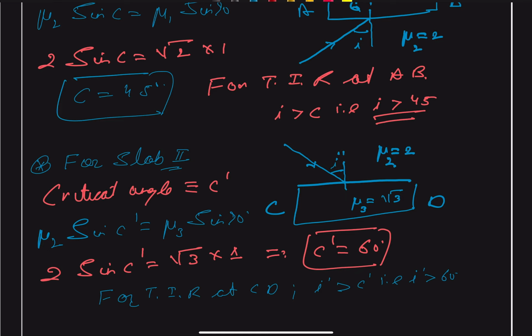So therefore, making a comparison between the two values of i, one is 45 degrees and another one is 60 degrees, we can easily see that the minimum angle for which the total internal reflection is going to take place at both the slabs will be equal to 60 degrees.